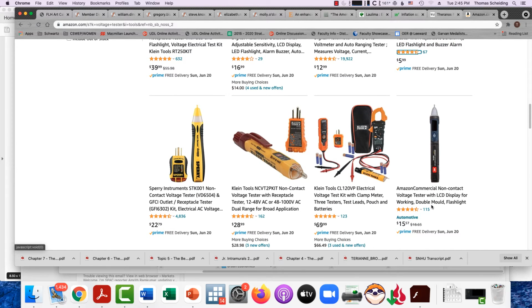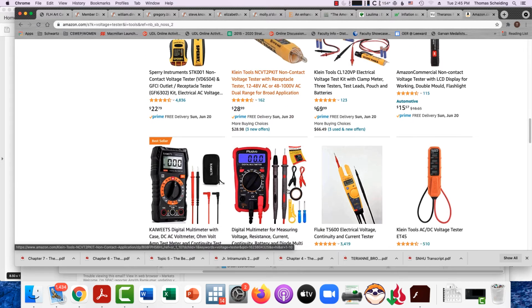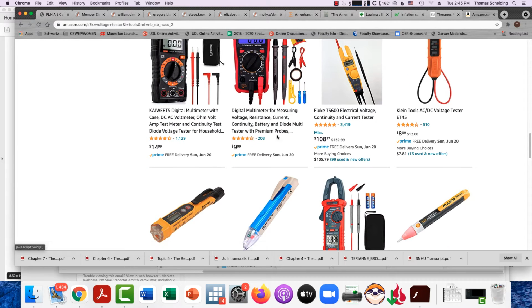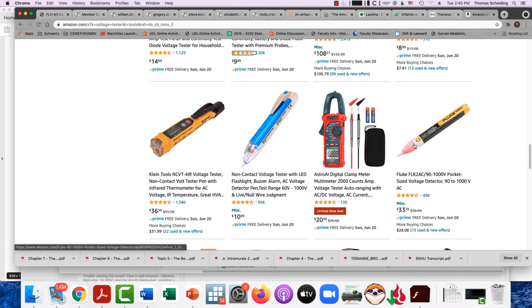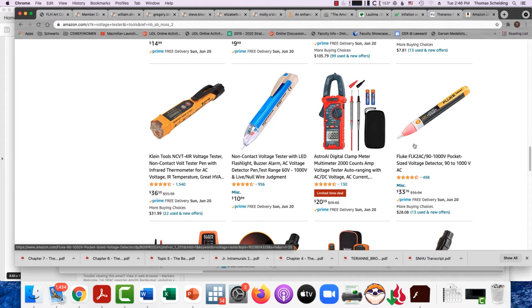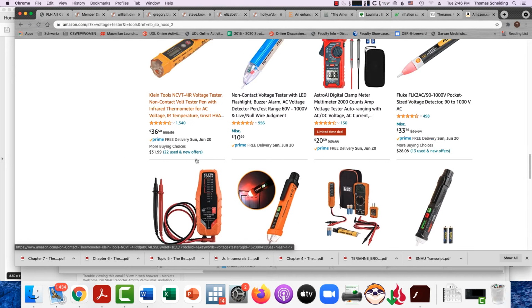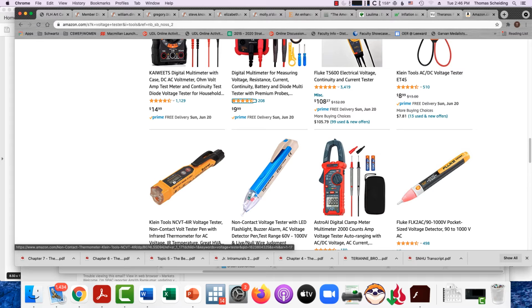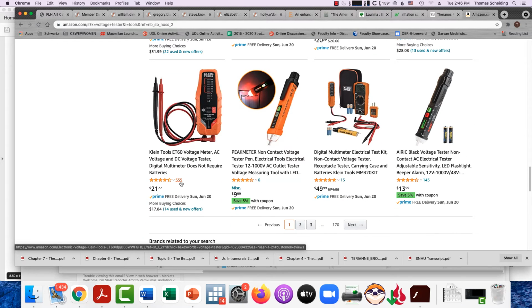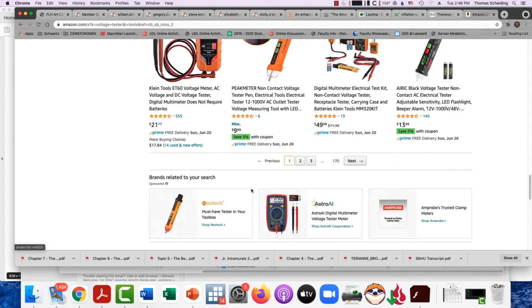Here's the Amazon one for $15.57. But what you're seeing here is this kind of convergence for many of them at around $10. Then you get another convergence point around $30. So you're paying for either a name brand or a certain kind of feature. But a lot of these are around $10.